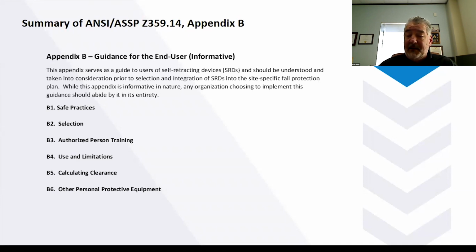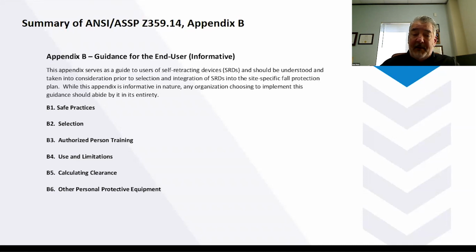While this appendix is informative in nature, any organization choosing to implement this guidance should abide by it in its entirety. Then it goes on to address several critical aspects that need to be understood about self-retracting devices before the user makes a decision about their use.